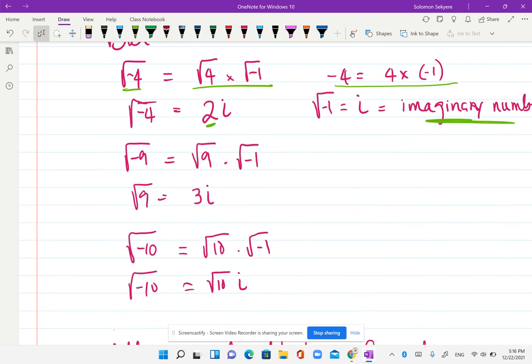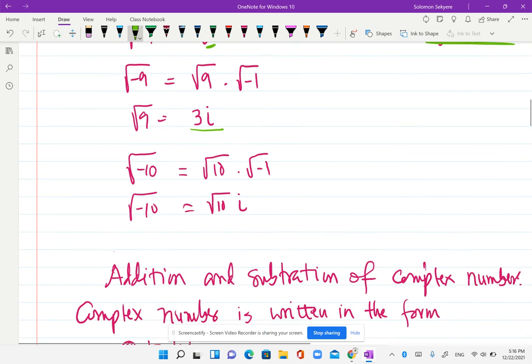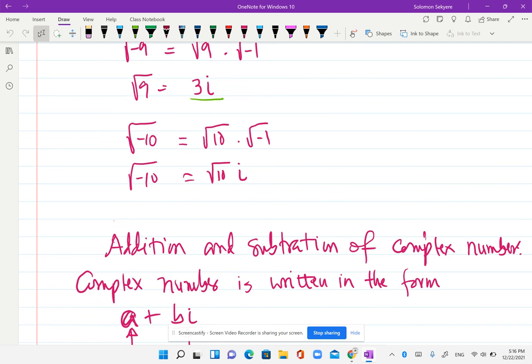So if I give you the square root of negative 9, you can say this is 3 times the square root of negative 1, which is i, so 3i. Now, the square root of negative 10: always rewrite this as the product of 10 and negative 1. The square root of 10 we leave as root 10, and the square root of negative 1 is i.